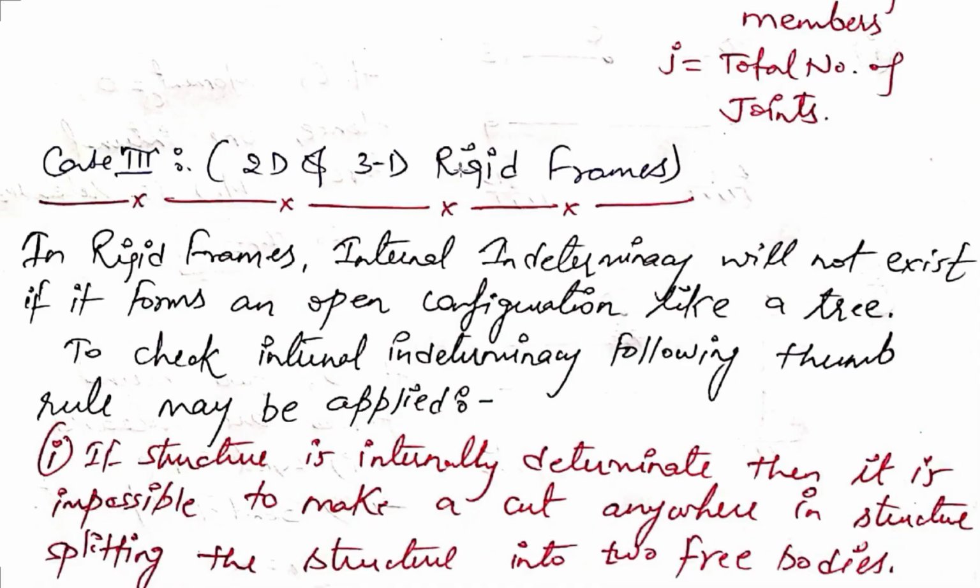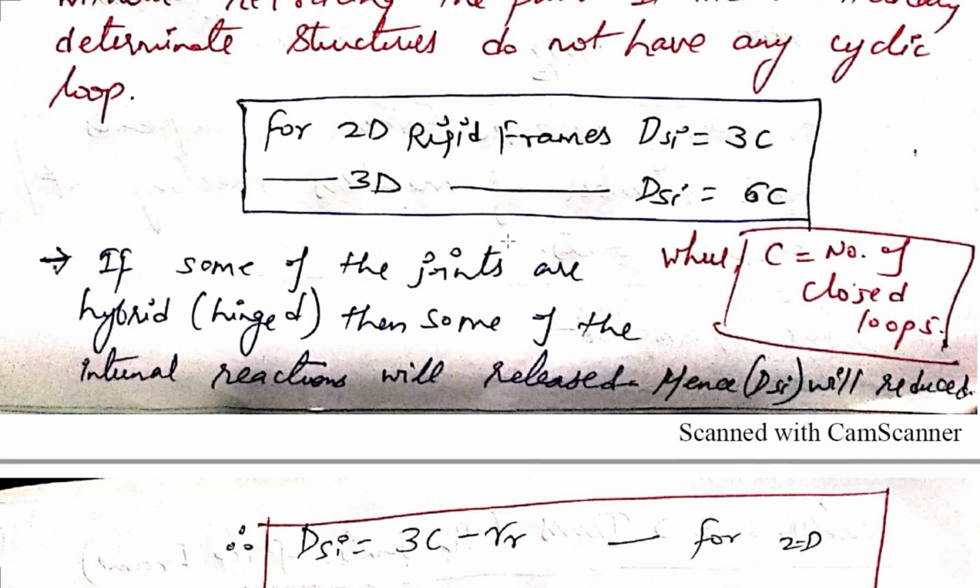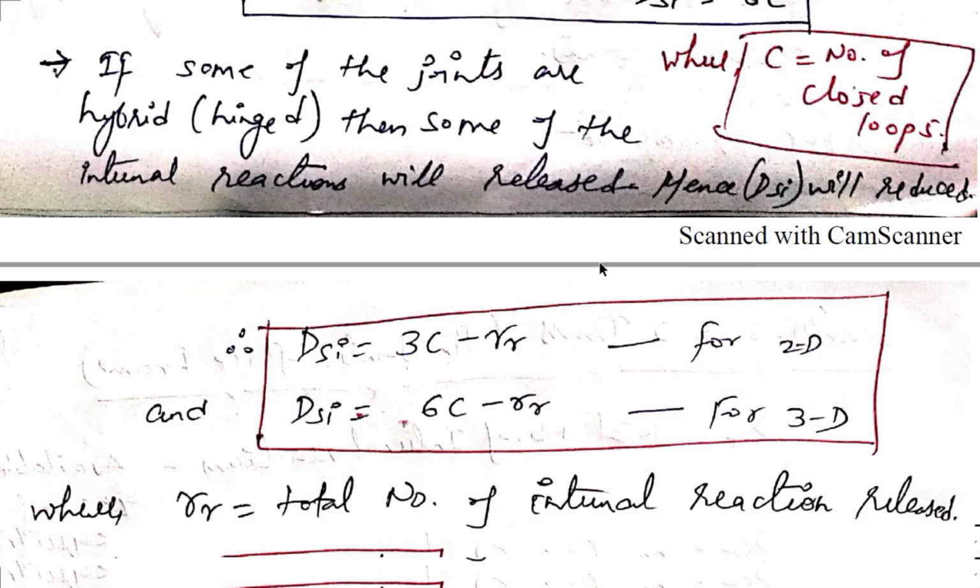And in case 3, for 2D and 3D rigid frames, DSI is equal to 3C for 2D rigid frames, and DSI is equal to 6C for 3D rigid frames, where C is the number of closed loops. And DSI is equal to 3C minus RR for 2D if we have hybrid joints also, and 6C minus RR for 3D structures.